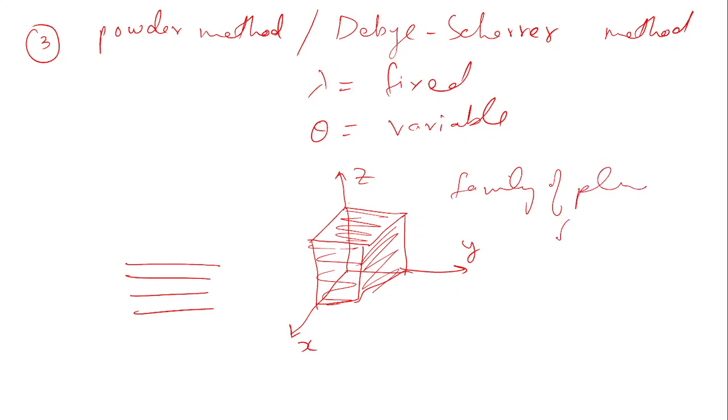The family of planes, I'll get 1 0 0. It corresponds to all. Then there will also be 1 1 0, right? And the 1 1 1 plane. So in one unit crystal, we have different families of planes. Not only 1 0 0, we have 1 1 0, 1 1 1, 2 2 2, and a lot more. So when the X-ray is incident and it diffracts and interferes, it doesn't correspond to only 1 0 0.